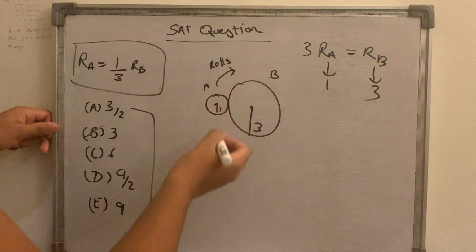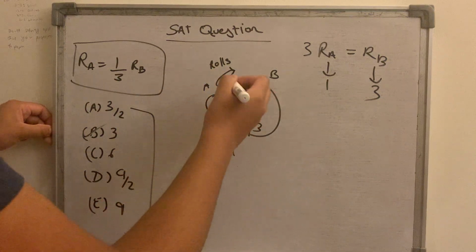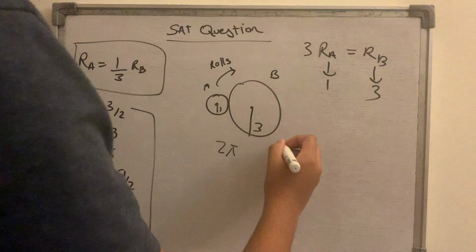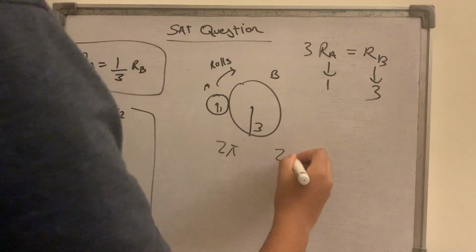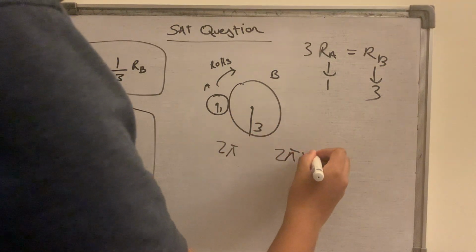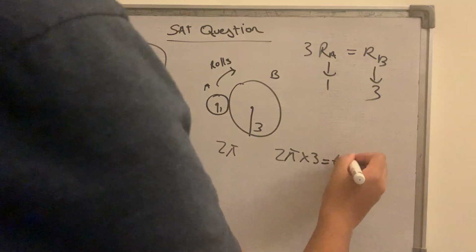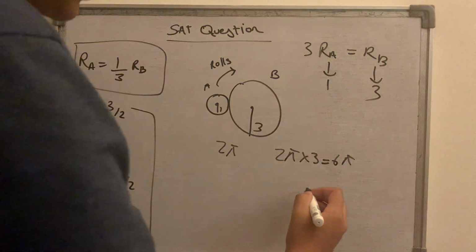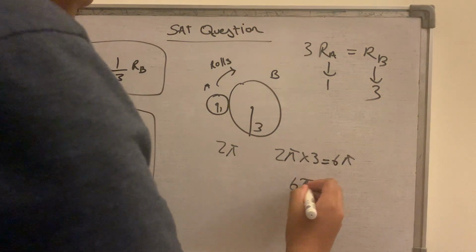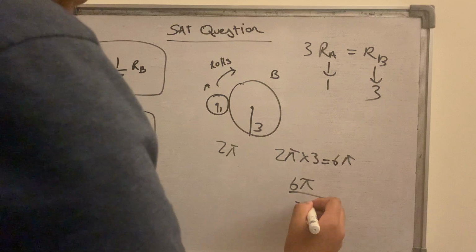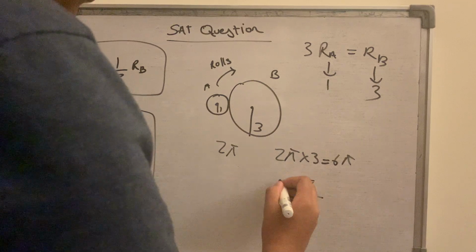So you get the circumference of circle A as 2 pi, but of circle B you will get 2 pi into 3, that will give you 6 pi. Alright, now what you will think of is dividing 6 pi by 2 pi, that will give you 3, right?